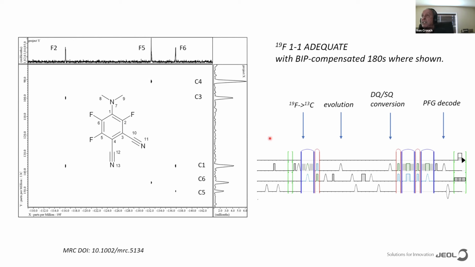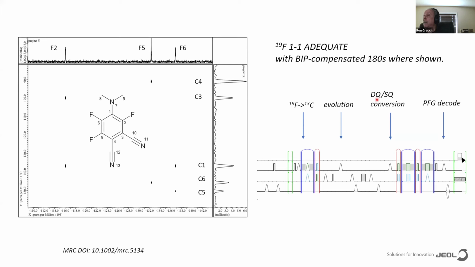So what kind of intensities are we recovering? Now, what I'm not going to get into, because it would be really fairly tedious, is there was a fair amount of pulse sequence development here and we ended up on a double BIP for the first INEPT, a BIP for evolution, a BIP for the single quantum, double quantum, single quantum conversion, and in the PFG decode. But in the sensitivity enhancement portion of the HSQC ADEQUATE, the double BIP trick did not work.